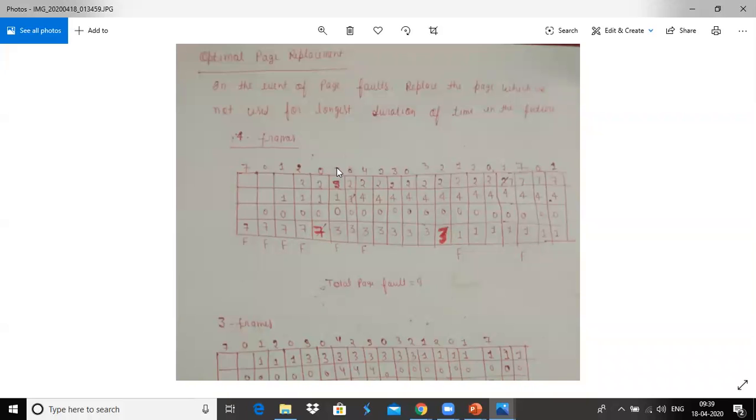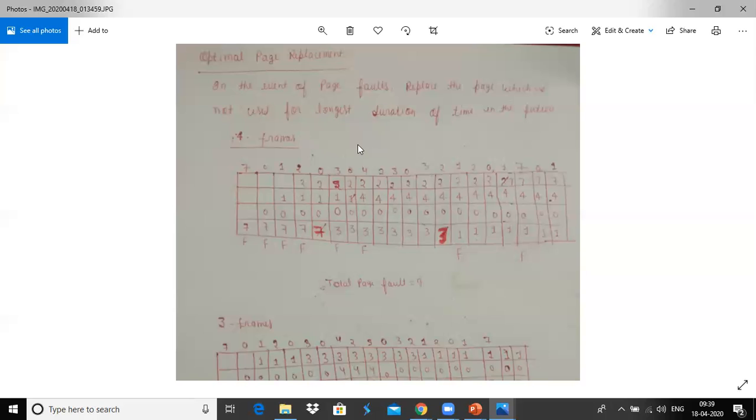Again 3 comes here, and 3 comes here. So all the frames are completely filled. Which page will you replace? The target is that after page number 3 you will see all the pages that are already in the frames, in the forward direction from page number 3, which is not used for the longest duration of time.